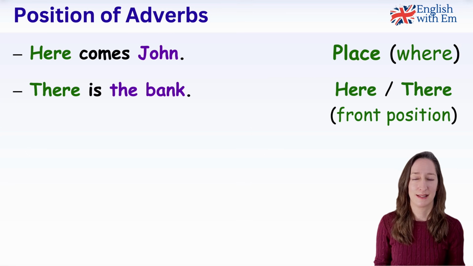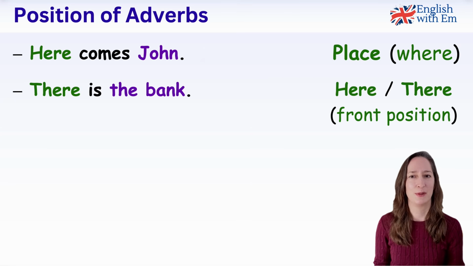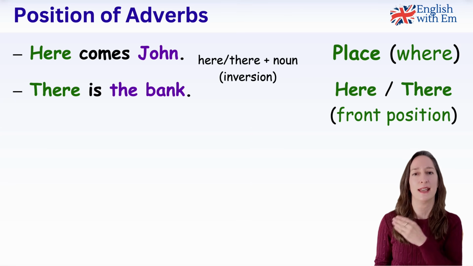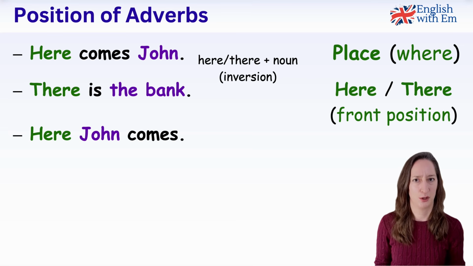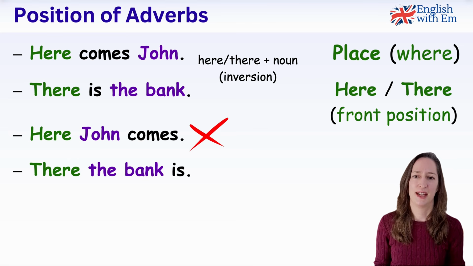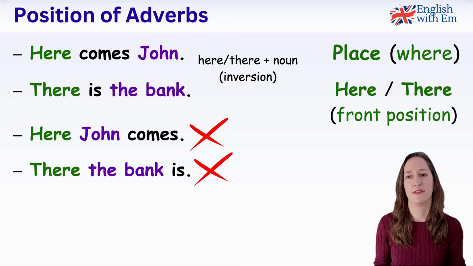There's the bank. Now, something important to note here is that when here and there are followed by a noun like this, then we need to use inversion. So we don't say, here John comes. There the bank is. No, we have to invert.